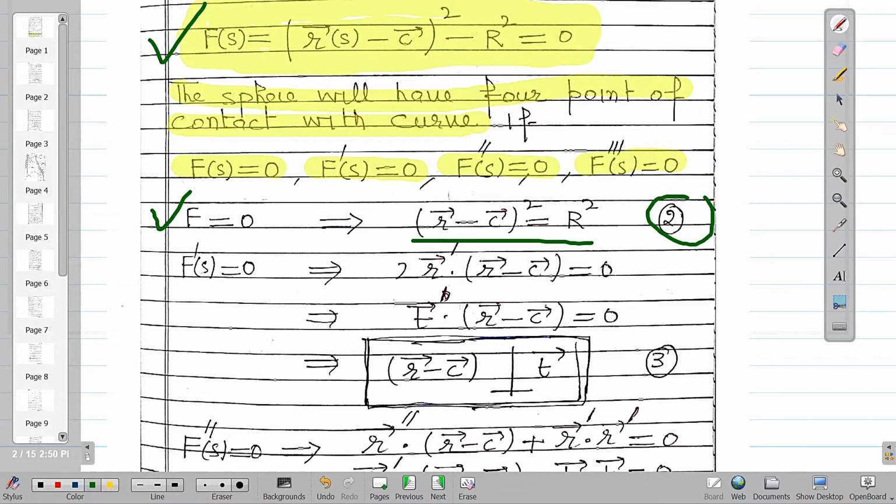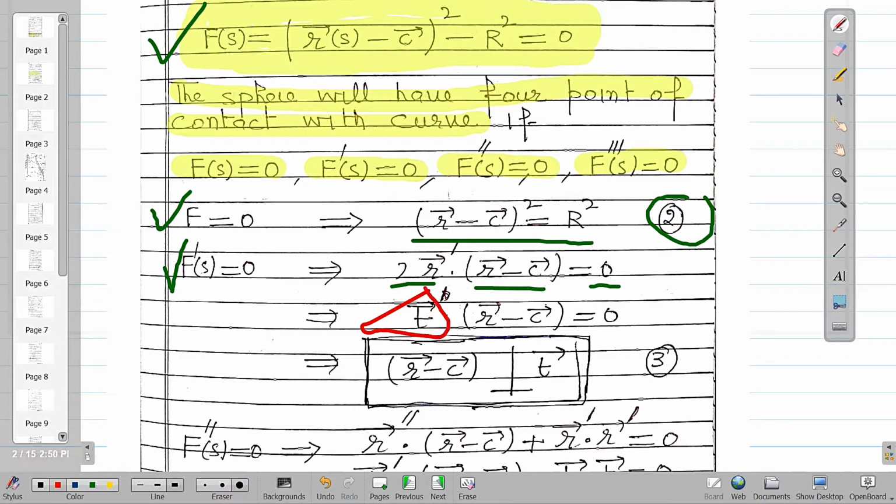Now, if f dash s is equal to 0, differentiate this equation with respect to s. We get 2 times r dash dot product r minus c, equal to 0. Now, r dash is equal to the t vector, so t vector dot product r minus c vector is 0. So we get that r minus c vector is perpendicular to t vector.